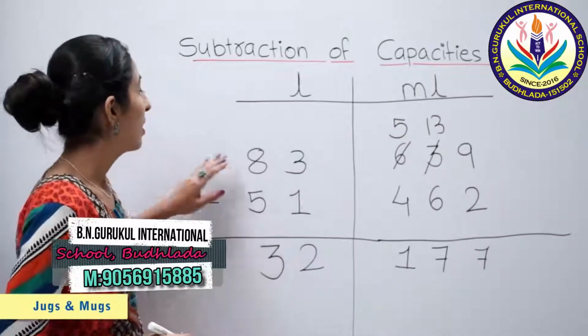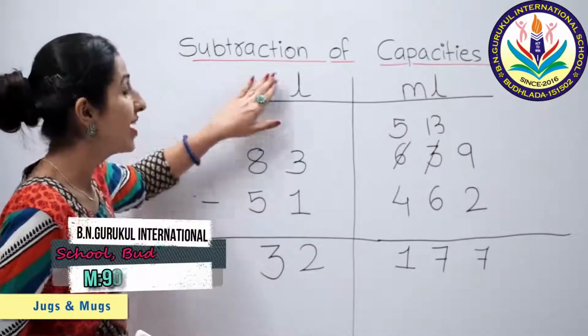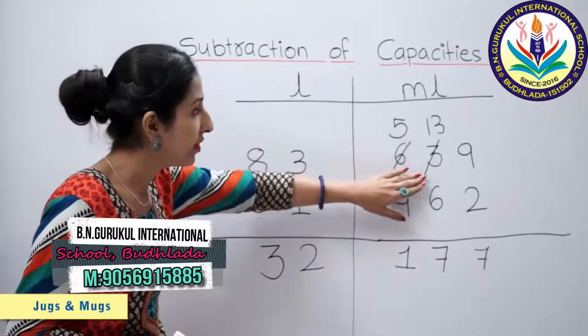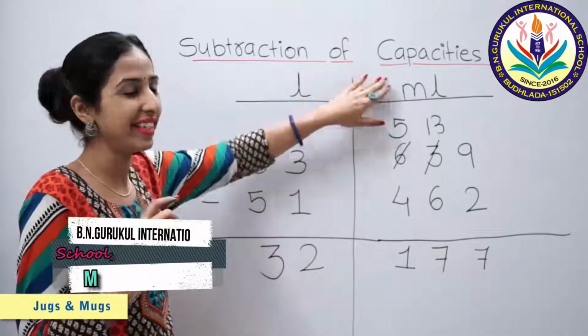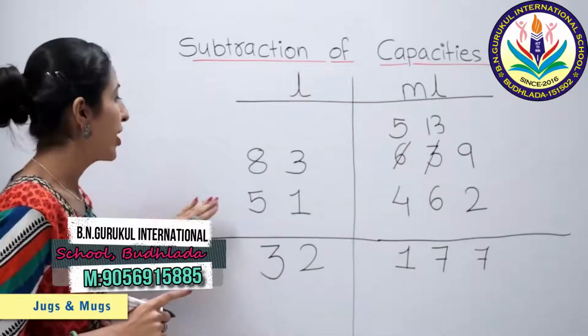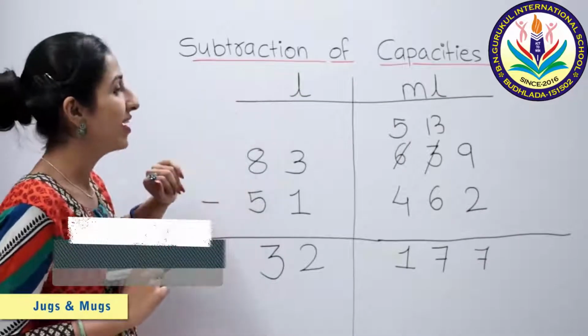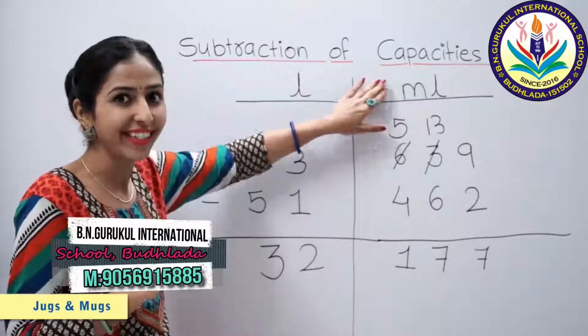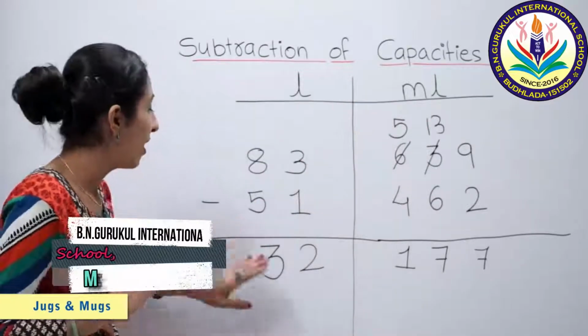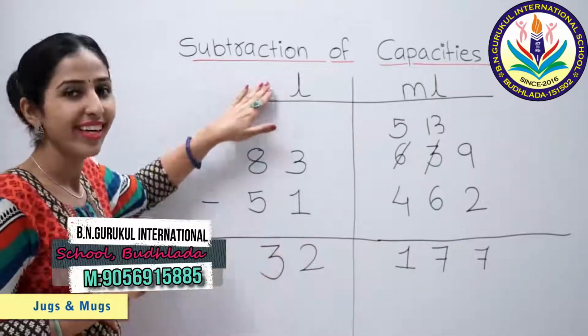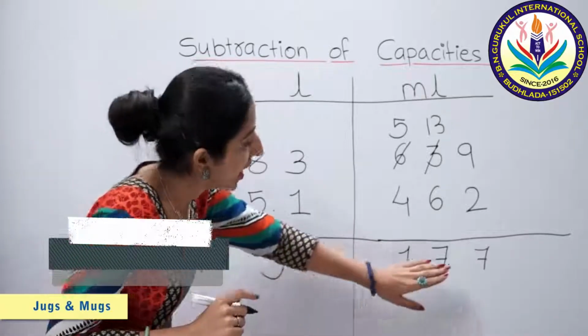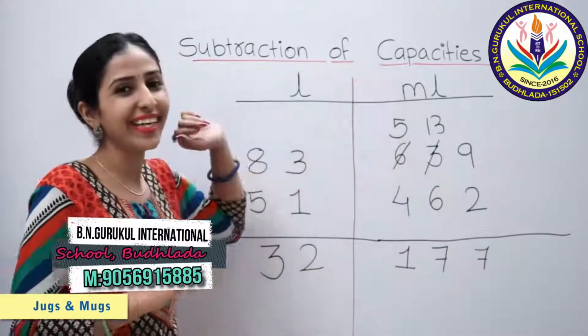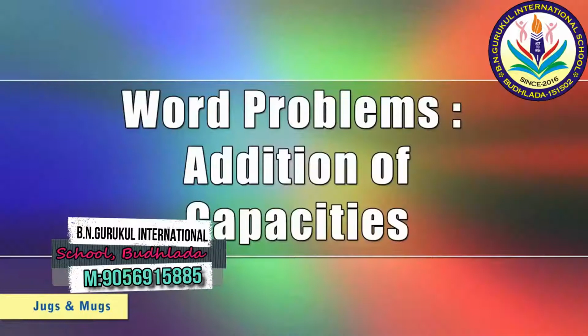So, 83 liters 639 milliliters minus 51 liters 462 milliliters is equal to 32 liters 177 milliliters.